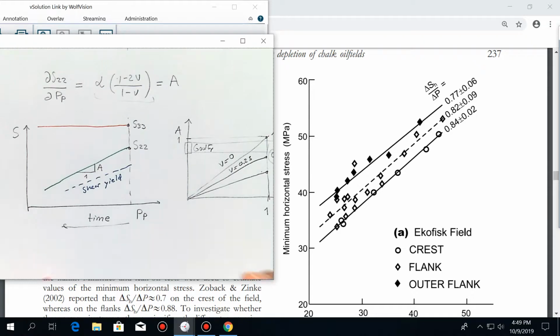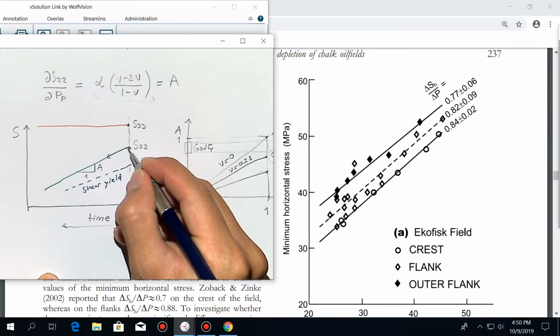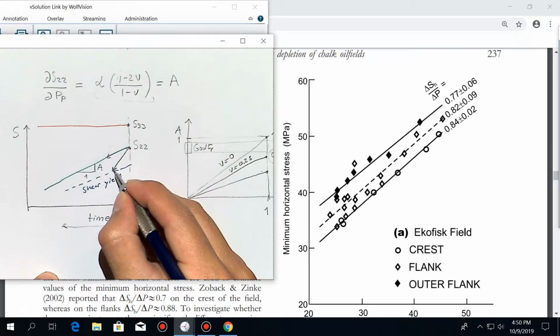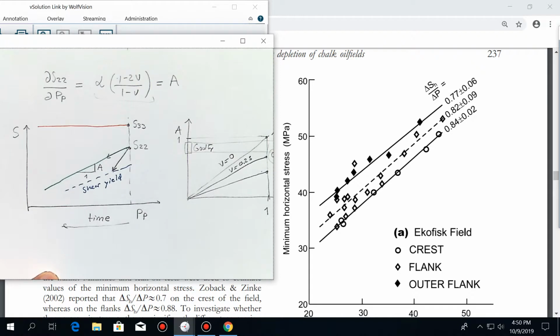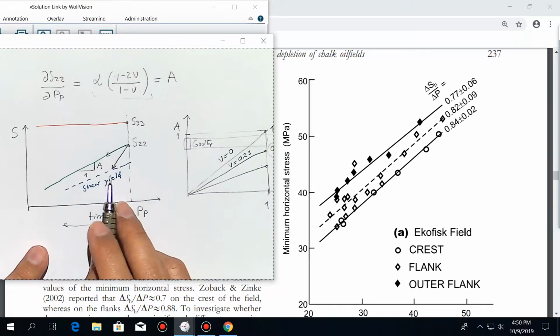If instead of going this way, you go this way, and that means the horizontal stress is going down a lot quicker, then you might hit the limit for shear failure inside the reservoir. And we'll see now why this would happen.